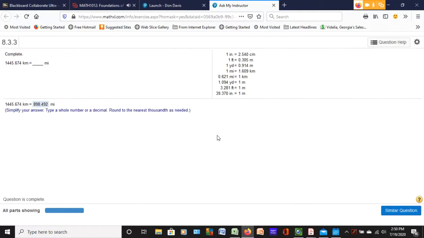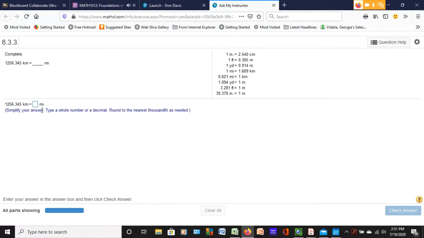I'm awfully curious to know what would happen if I used the 0.621 version of the conversion factor. So here's a different problem. It's the same idea, a similar problem. We're going from kilometers to miles.